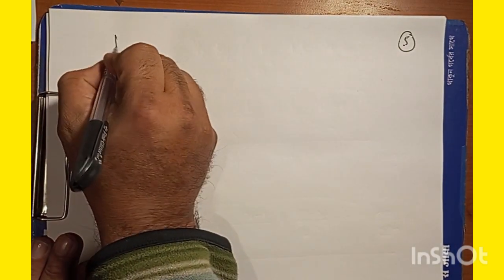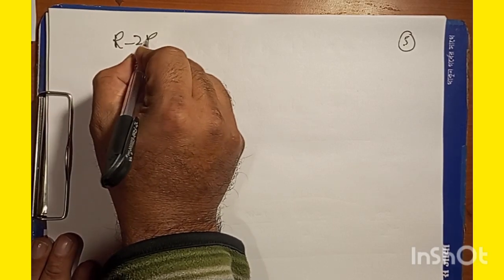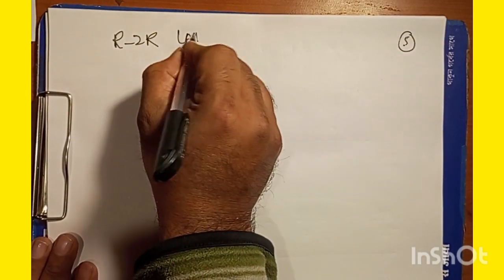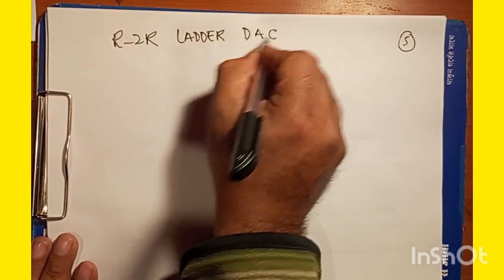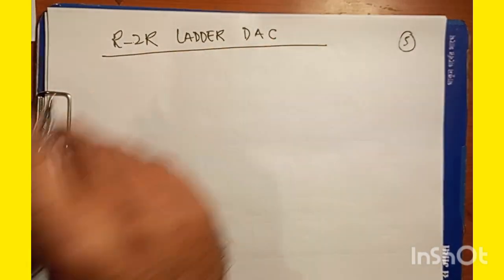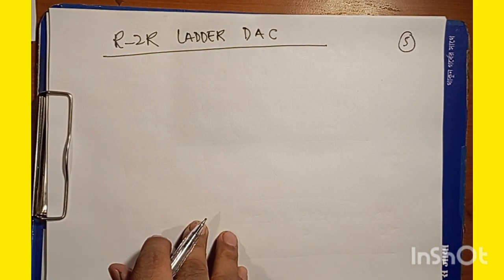Now, the next one is the R-2R ladder DAC, digital to analog converter.